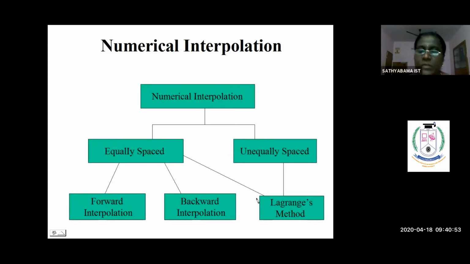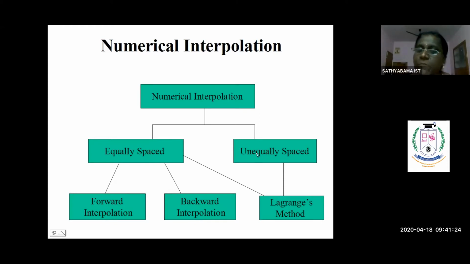So finally, what is the conclusion? When we have a problem under interpolation, the first segregation is whether the data set is equally spaced or unequally spaced. When successive x values are obtained from the previous x value by using a common difference, we call it equally spaced. If it is not so, we call it unequally spaced. And for both cases, the general method for interpolation is Lagrange.